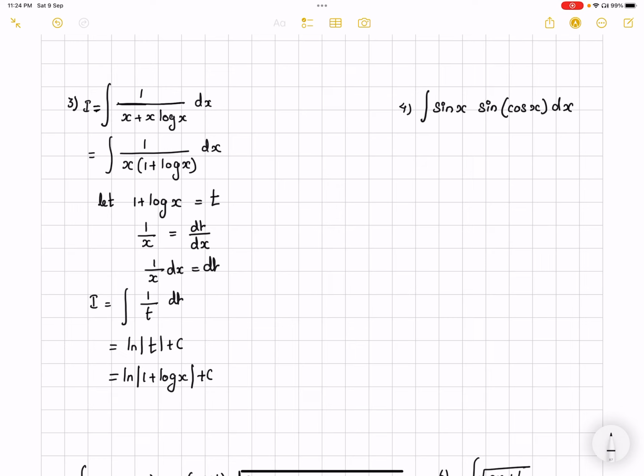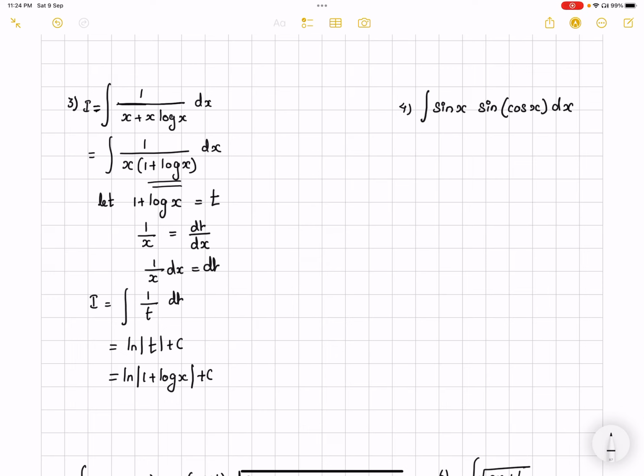Now, if you are unable to think the way I told you just now, about which one to differentiate to get the other part of the question, then look for something which is getting preserved within the bracket. For example, in the beginning it was not, but when I took something common, this part of my question got preserved. So that would work as a substitution.